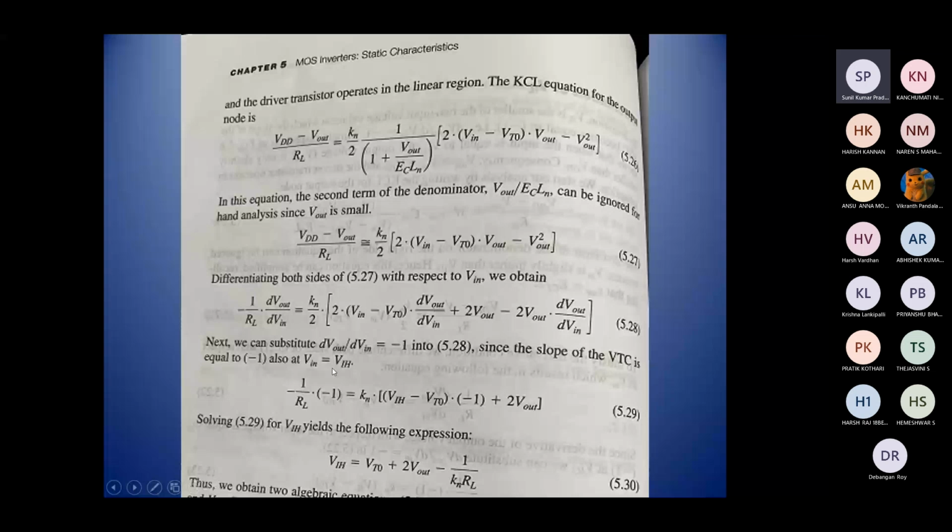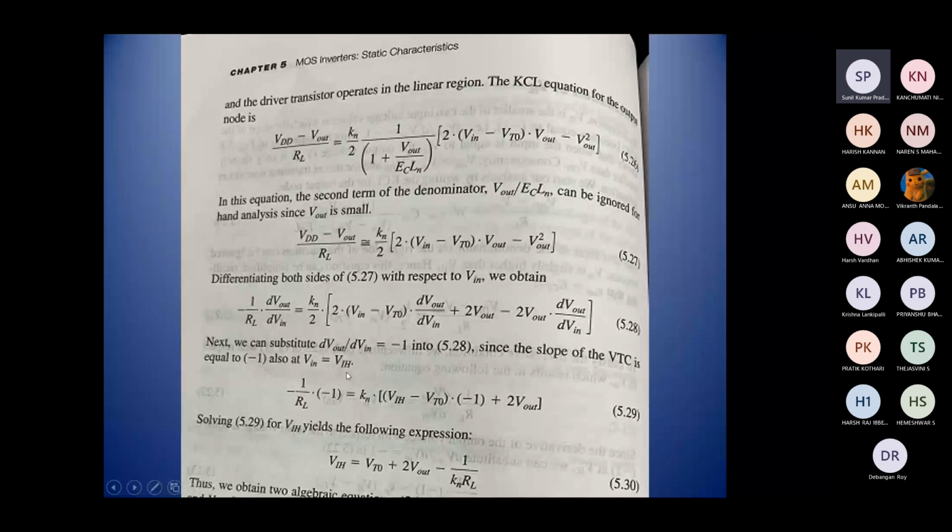So if we put this minus 1 in this equation, then we can find this equation. Because as you know, the slope of the voltage transfer characteristics is equal to minus 1 when the input voltage is equal to input high voltage.